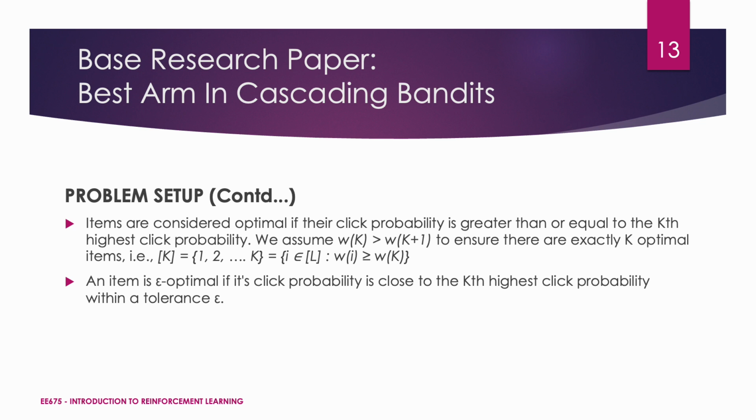This condition defines the set K as a set of items which belong to L whose click probability is greater than or equal to Wk. Additionally, the concept of epsilon optimality is introduced, where an item is considered epsilon optimal if its click probability is close to the kth highest click probability, which is within a tolerance of epsilon.